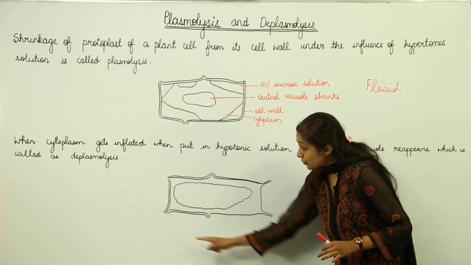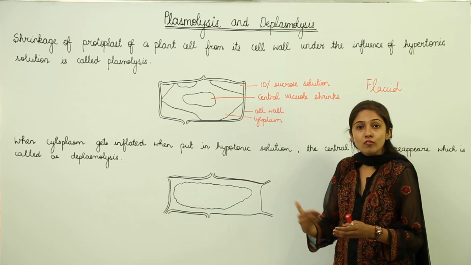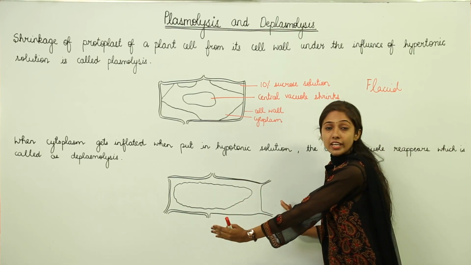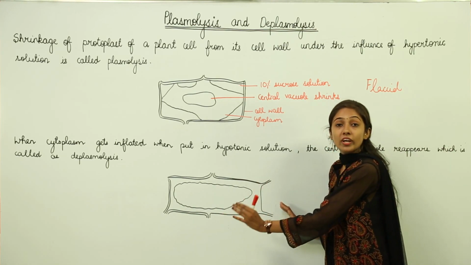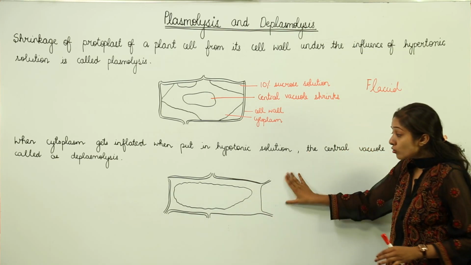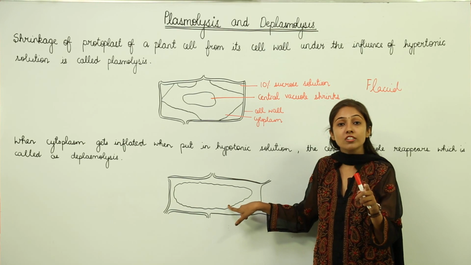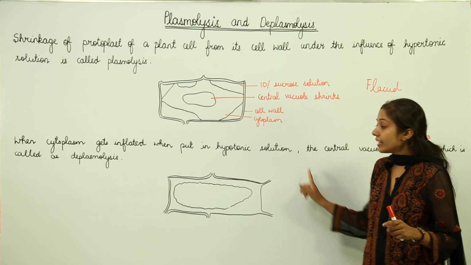And this stage, when no more water can be accommodated, because it is a hypotonic solution outside, means the water is going to enter from outside to inside. Why? Because the concentration of water is more outside than inside.